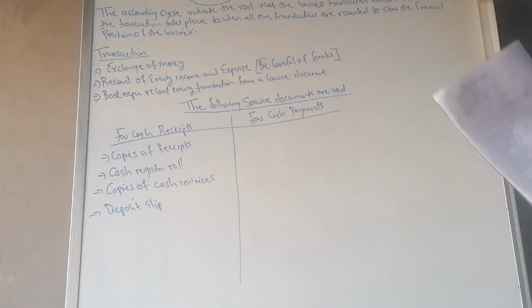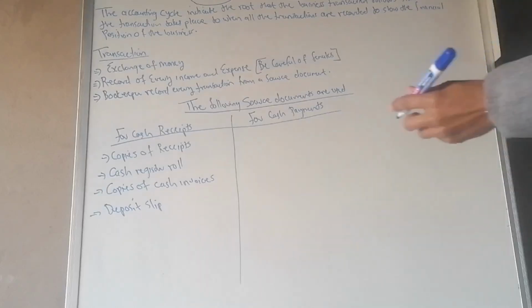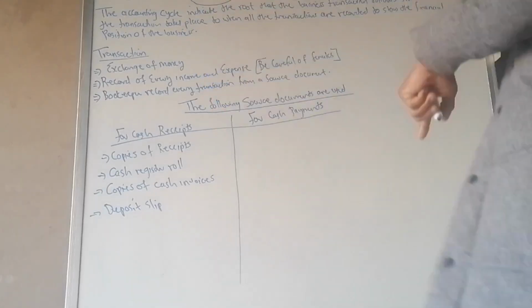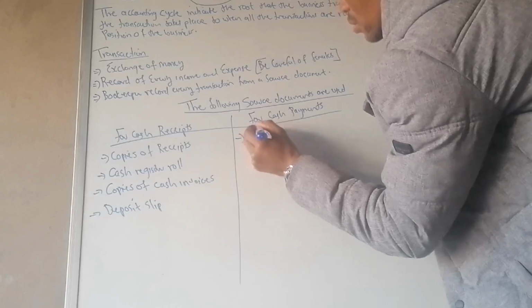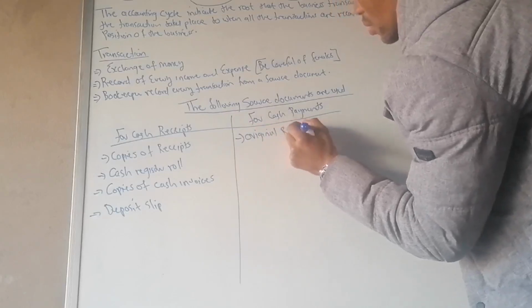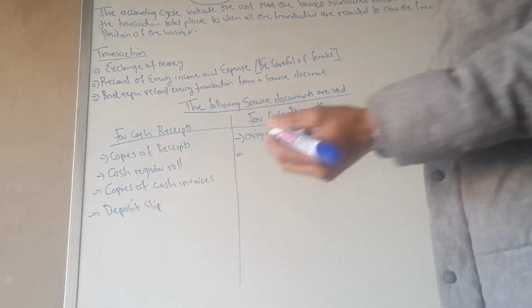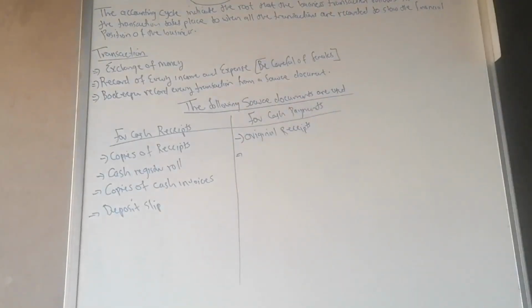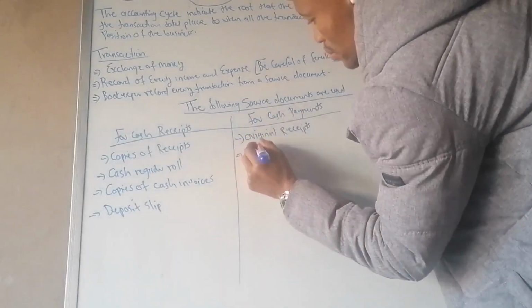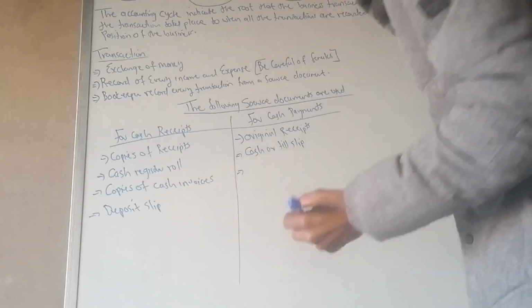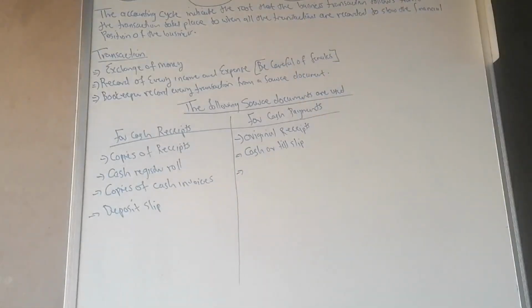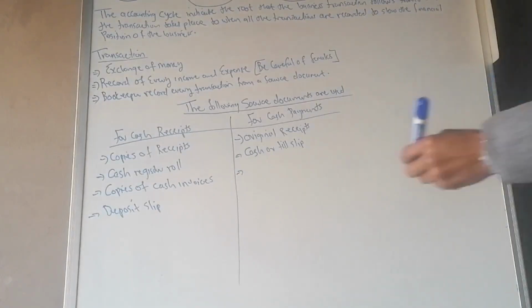Okay? And then on the other side, re na le original. If kamana re sebedisa di copy, kamana re sebedisa original. If kamana re sebedisa cash register roll, kamana re sebedisa cash or till slip. If kamane re sebedisa copies of cash invoices, kamana re sebedisa original cash invoice.